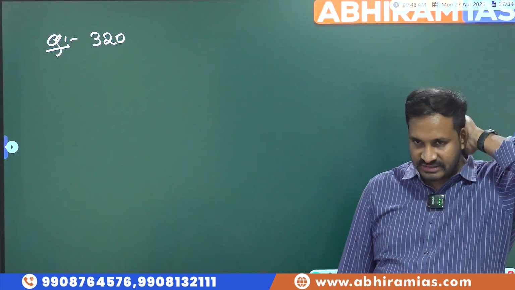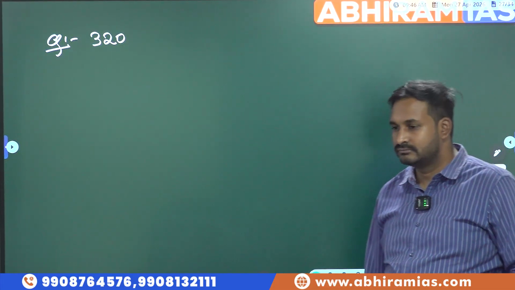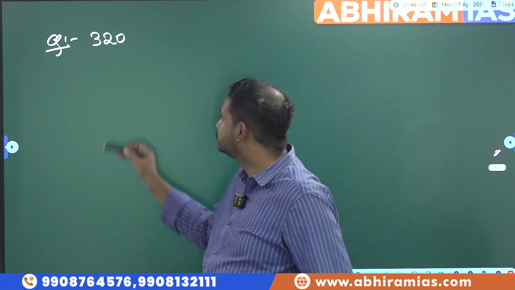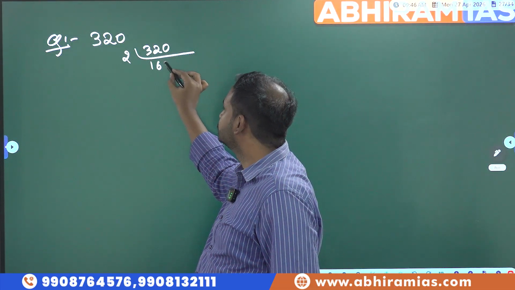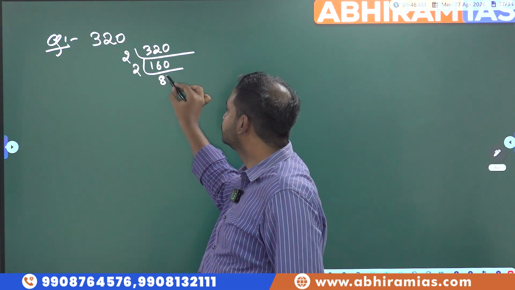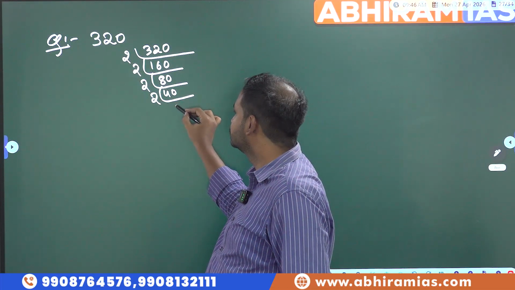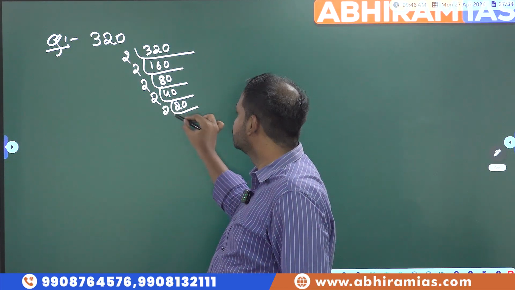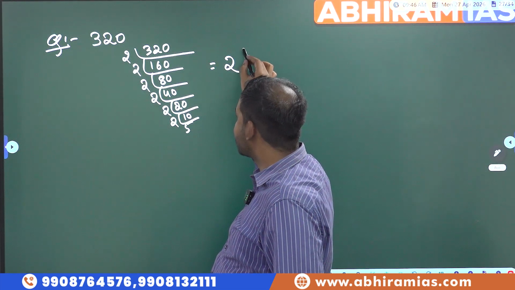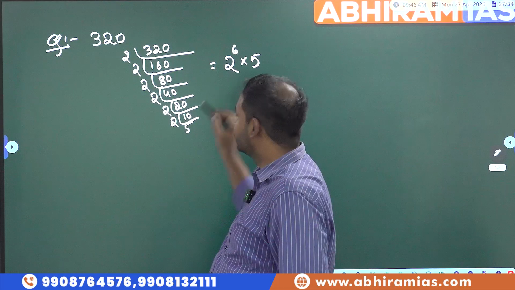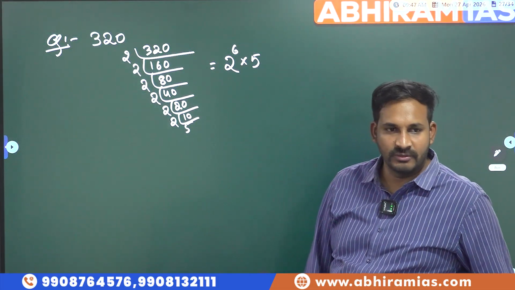First do the prime factorization. You will get 2 to the power of 6 into 5.